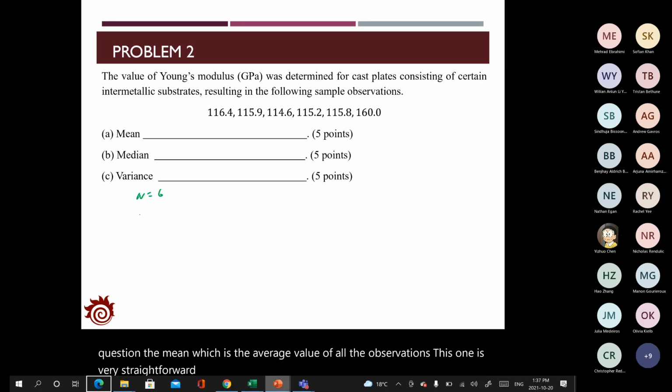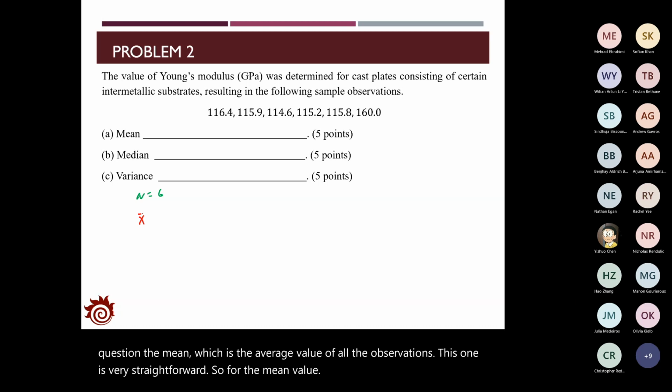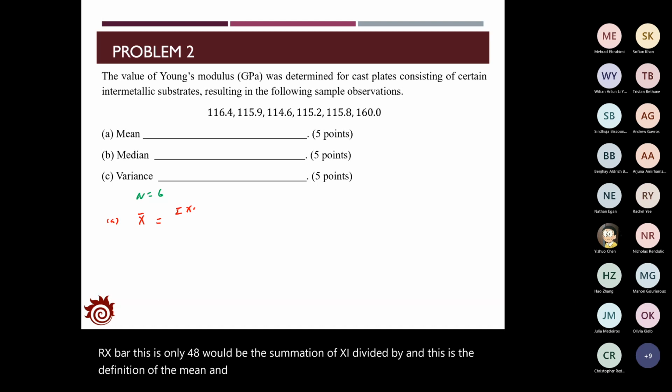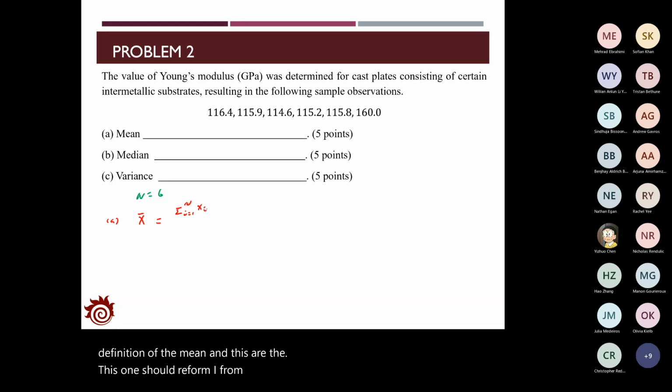So for the mean value, x bar, this will be the summation of xi divided by n, with i from 1 to n. This is the definition of the mean. And we know that n is 6, and we have all the values.